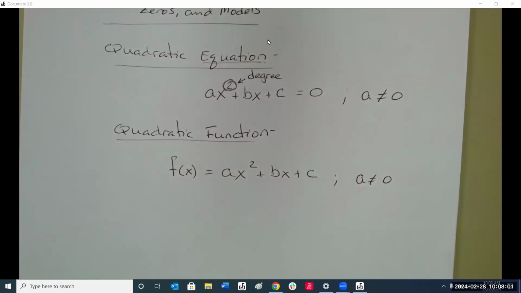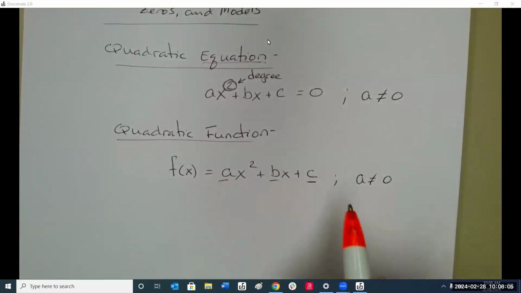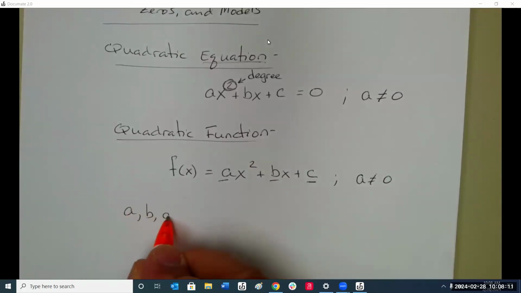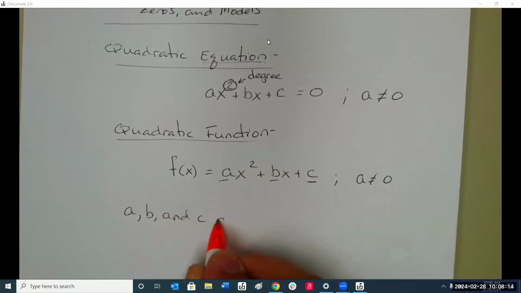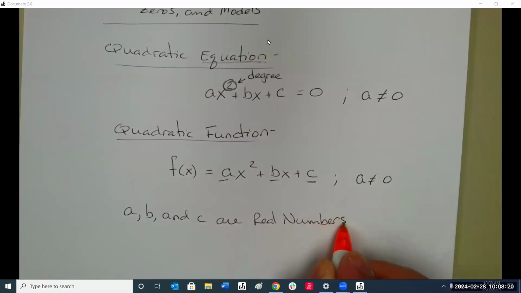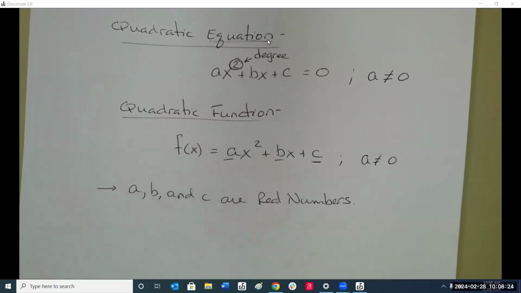Notice, this is important. A, B, and C are real numbers. In other words, it could be any positive, any negative, any fraction, any decimal, it could be anything.